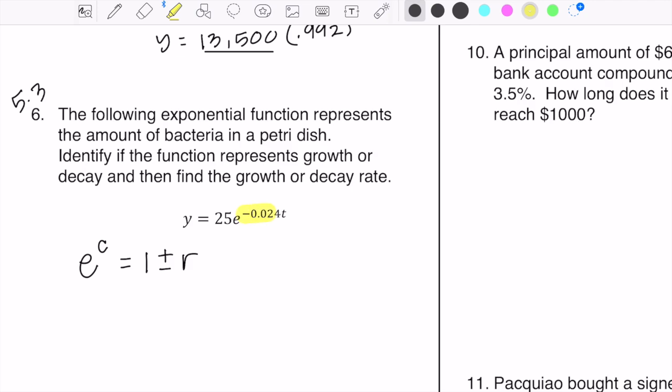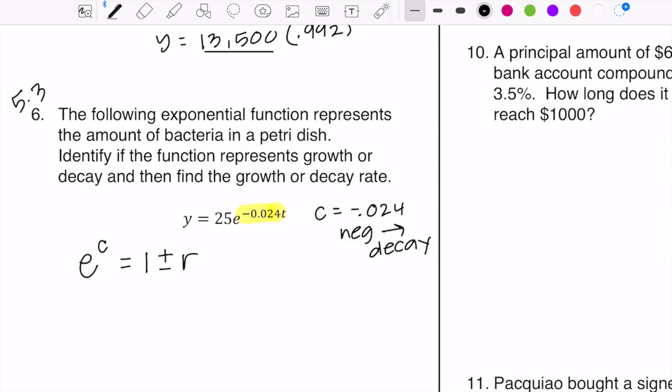Because that c value is negative 0.024, it's going to be decay. So if c is positive, it's growth, and if c is negative, it's decay.